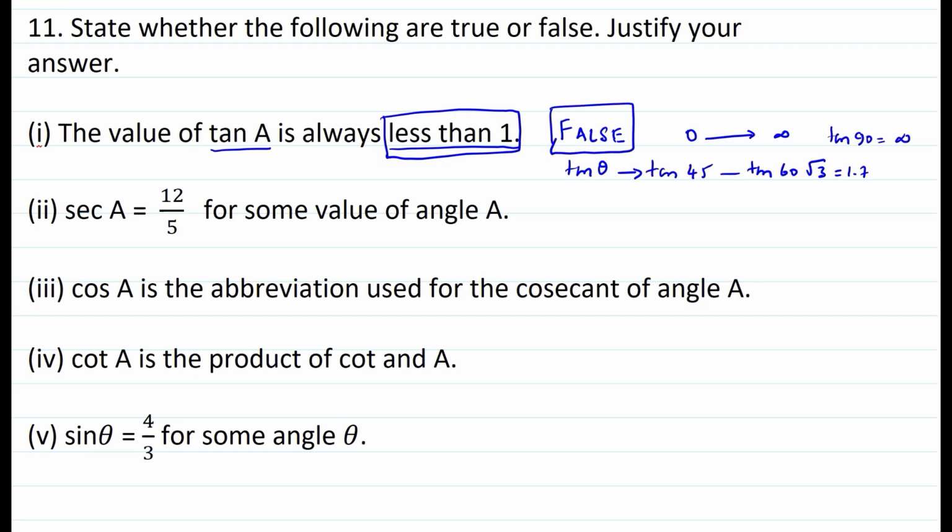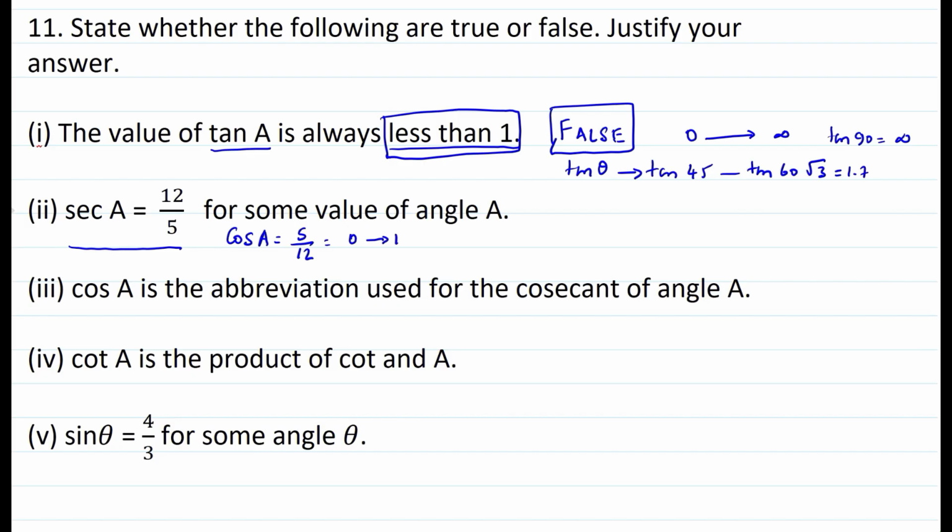Let's see question number 2. Question number 2 says secant A is 12 by 5 for some value of angle A. Now we will change the secant A in terms of cos A. So secant A reciprocal is cos A. So cos A will be equal to 5 by 12, and this answer will lie between 0 to 1, and cos value also lies between 0 to 1.